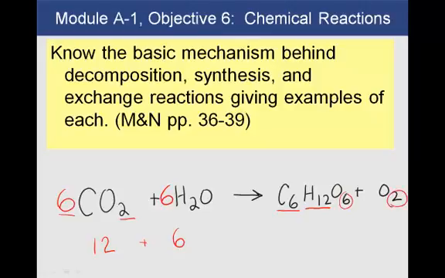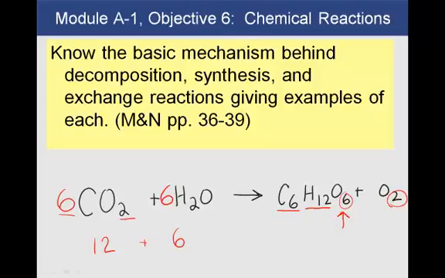Now, the mistake many people make is to think, I only need 10 more, so they add a 5 in front of the oxygen. But when you add a 5 in front of the oxygen, that only gives you 16. You have to remember you have those 6 in the glucose molecule.